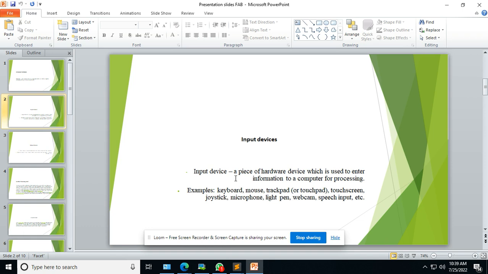Who can define for me input device? What is called an input device? Computer devices that are used to enter data into a computer. Very good. What are examples of input devices?